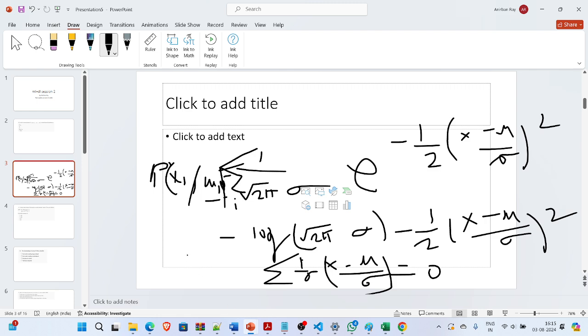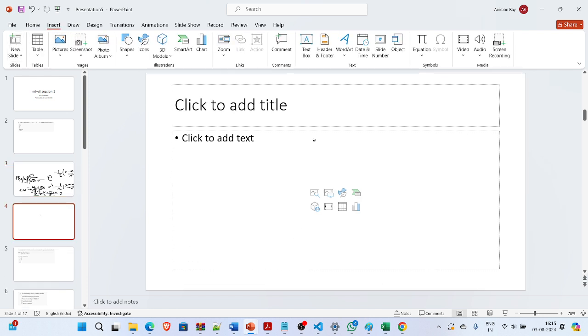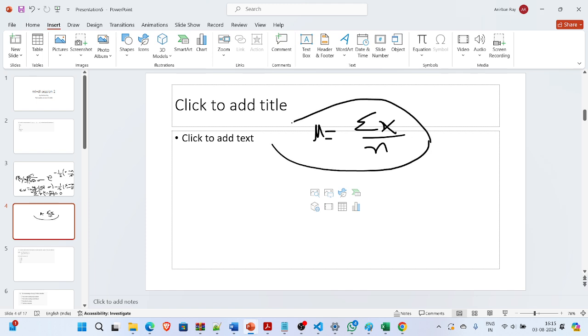So if you separate it out, you get the summation over x minus n mu, so it is quite an obvious answer. The MLE estimate of the mean equals the formula of the sample mean, which it should be actually. That is how we get the formula of the sample mean from this MLE estimate. Otherwise it was not known. We similarly differentiate with respect to sigma and get the formula for sigma as well.